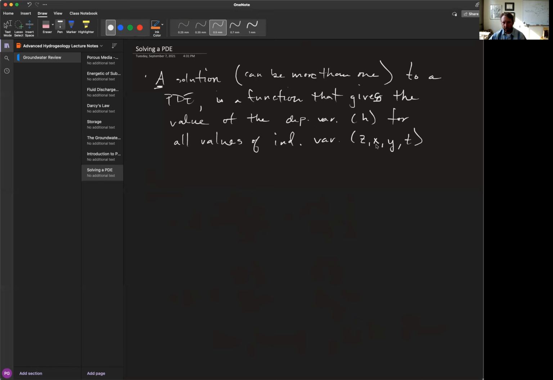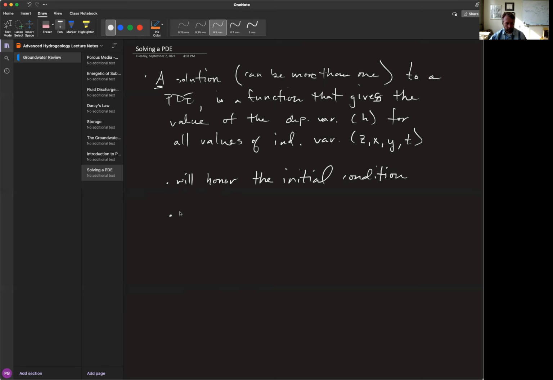So for any value of X, Y, Z, or T, this function will give us the value of H. And it will honor the initial condition, which is the starting point. So if we have a head field that changes with time, this function will produce our starting head field at time equals 0.